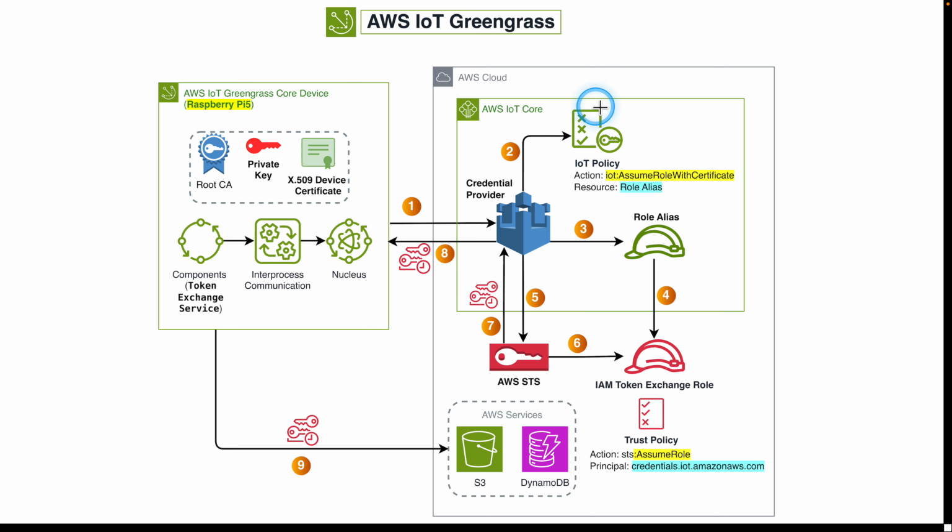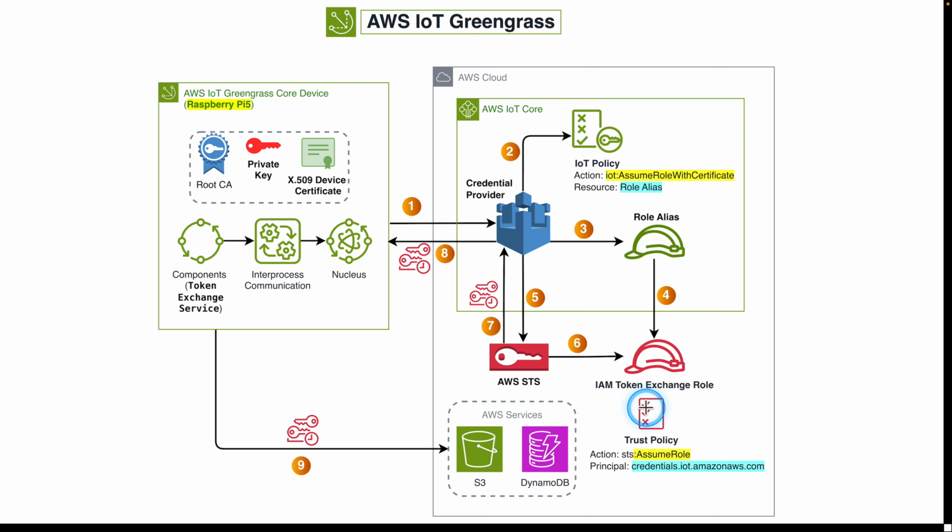Then we need IoT policy, where we define different IoT actions which are allowed or denied, like publish, subscribe, connect. Also, we will specify assume role with certificate with role alias. And this role alias will point to one IAM policy, IAM token exchange role, where we will define all the required permission to access different AWS services.